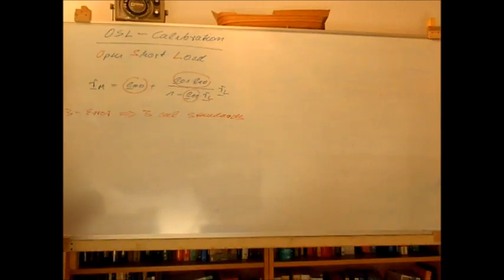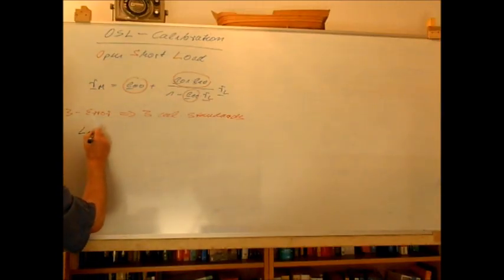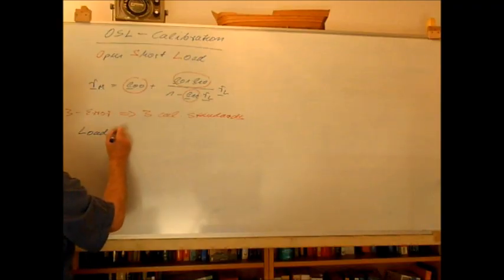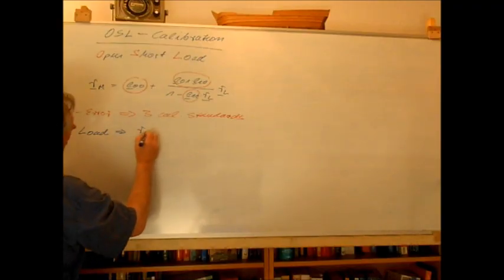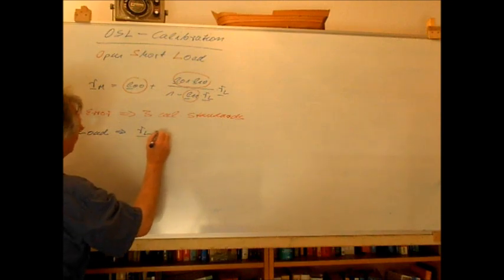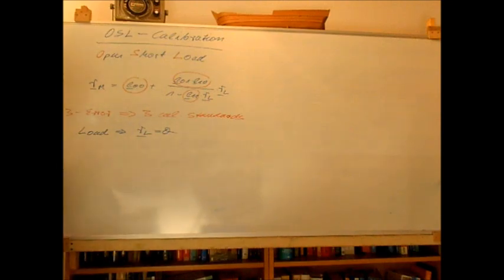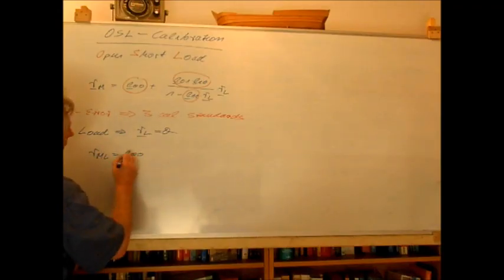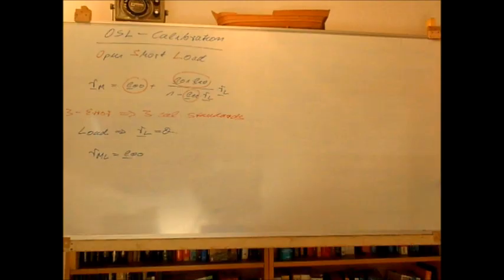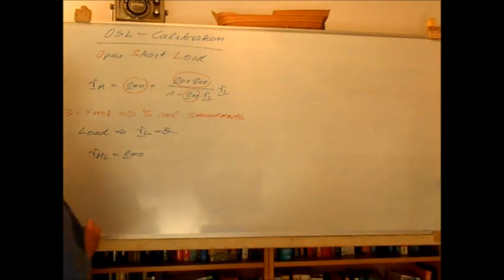So, for example, we can start with the load measurement, and if I have a load measurement, then I assume that RL is identical to 0, and we see that we would then measure RML, which is E00. We can do, for example, as a next step, the short measurement.